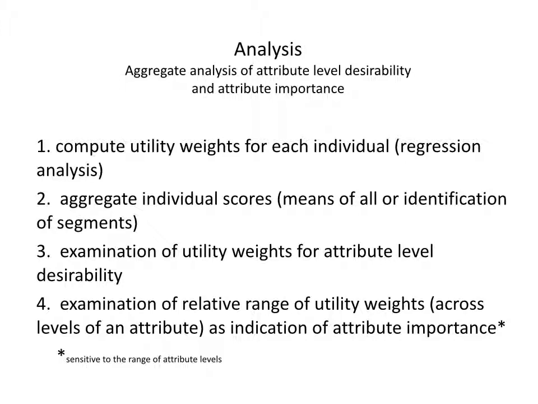We want some way to generalize across a group. And the attribute desirability is, of course, the weights for each level of an attribute, and then we can use those to impute overall importance to an attribute.